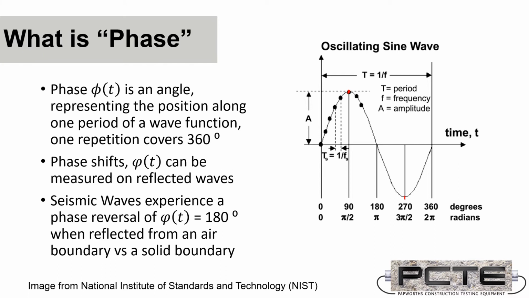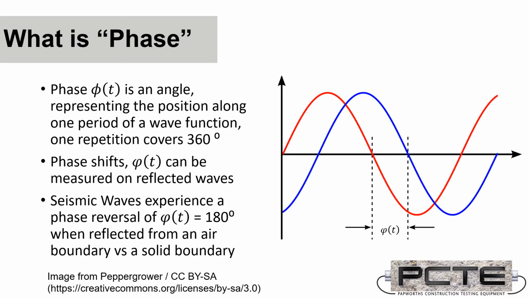When you transmit shear wave energy, or sound wave energy as well, into a physical structure, and it's reflected back towards the transmitter and received again by a sensor, there will be some shift in the phase, as illustrated here.